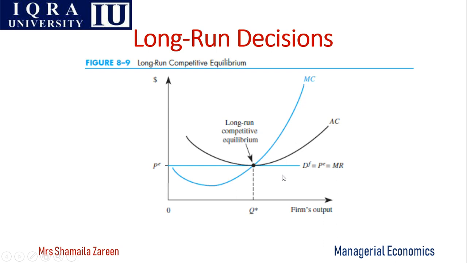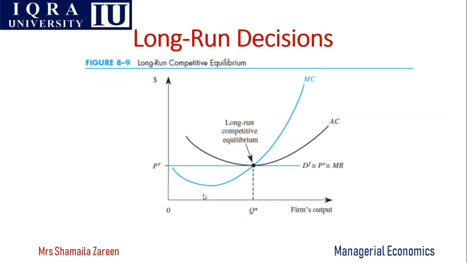If economic profits were positive, entry would occur and the market price would fall until the demand curve for an individual firm's product was just tangent to the average cost curve. If economic profits were negative, exit would occur, increasing the market price until the firm demand curve was tangent to the average cost curve.